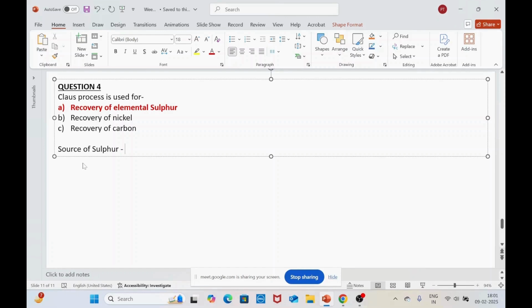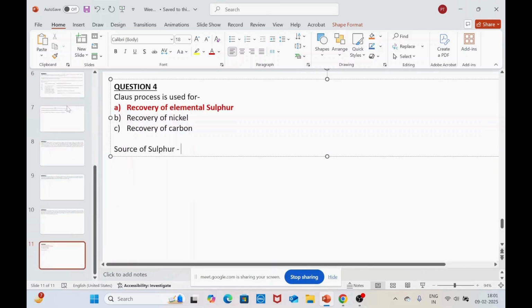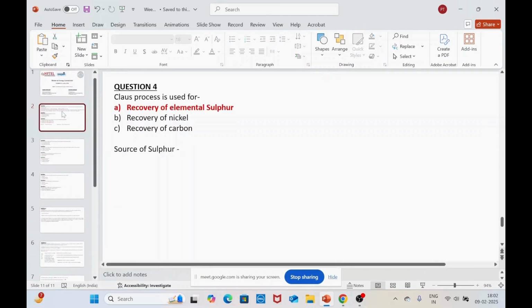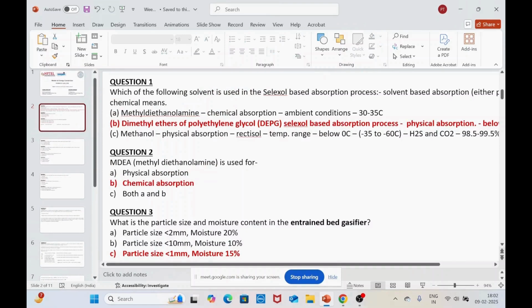We discussed the absorption process and how the different types of solvents in this slide are used for absorbing these two components.